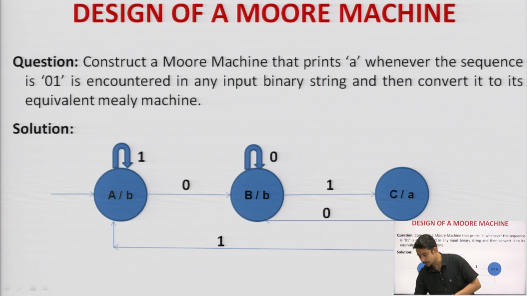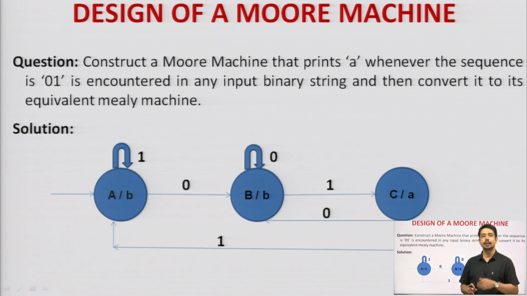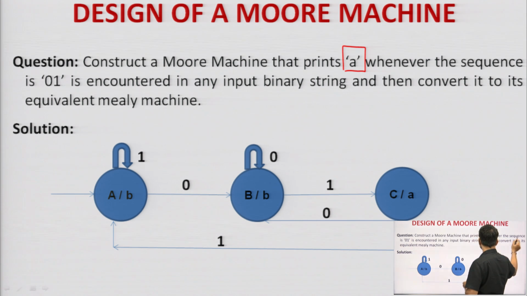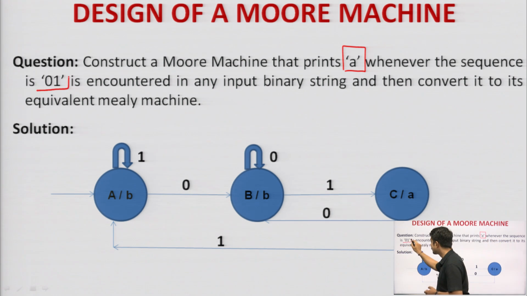Now, let us check in the next slide how to design a Moore machine and how to design a Mealy machine. Later on, in the next video lecture, we will look into the equivalence of Moore and Mealy machines. Here I have already given you the diagram, but I will let you know how this process is going on. The question is: construct a Moore machine that prints A whenever the sequence is 0 1.